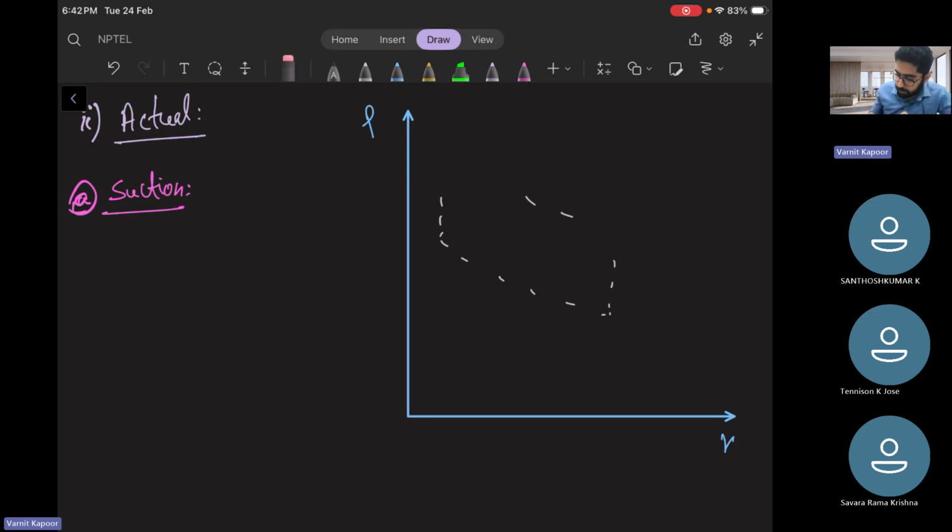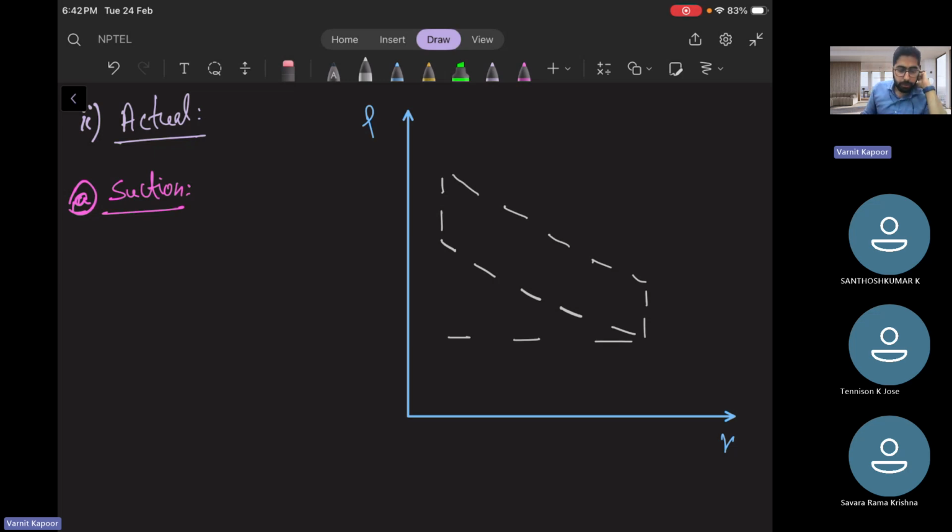Am I drawing wrong? Let me draw once again.